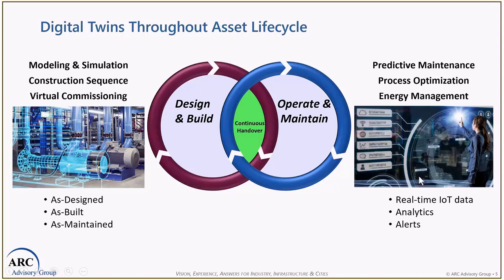And these all involve access to IoT data in real time, and then layering some analytics on top of it, whether it be first principle math or machine learning. And then an alert is generated that goes to somebody who can do something about it. Like in the case of predictive maintenance, we would recommend that it goes to the maintenance planner, who can then do some assessment and decide whether or not to schedule a work order on it.